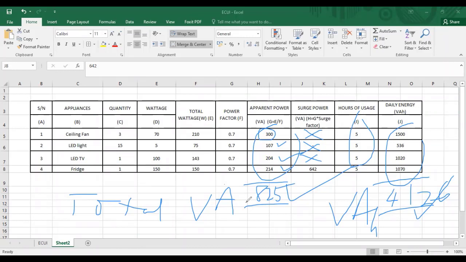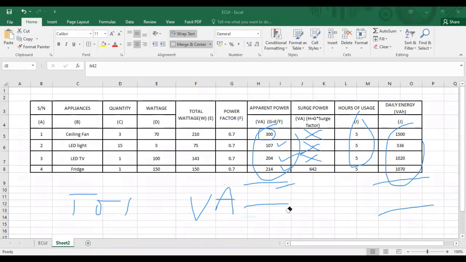If you want to type in the chat box, please. Can you go over the surge factor again and how we got a factor of 3? That's a very good question, Abib. From the manual of the device, the device will always come with a manual, and from the manual you will get this information about its surge power.